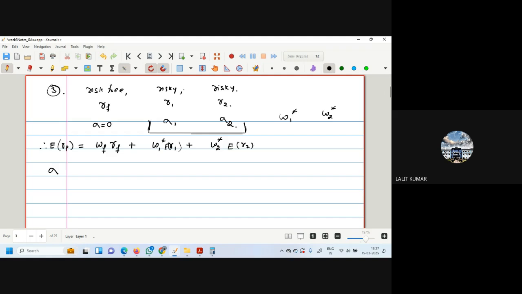And the variance of the entire portfolio, the risk-free part is 0, and the variance will be the same which you obtained for the risky part. Is this okay, Ulas?